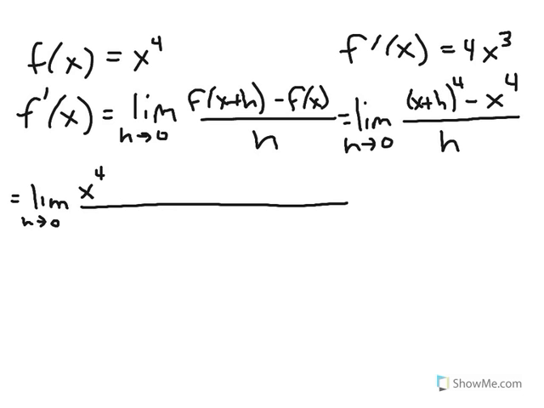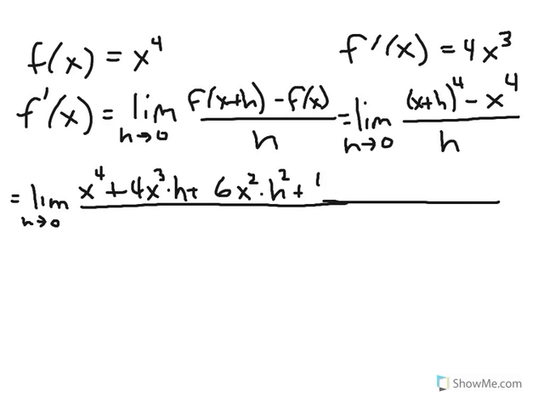We also know that we're going to have, added onto that, a 4 times x to the third times h to the first, plus the next term is going to start with a 6 times x squared times h squared, plus the next term is going to start with a 4, x h to the third, and then the last term is going to be 1 times h to the fourth. Now we still have to remember minus x to the fourth, because that's still there. It's here at the end of the expression at the top. And we're going to divide that by h.